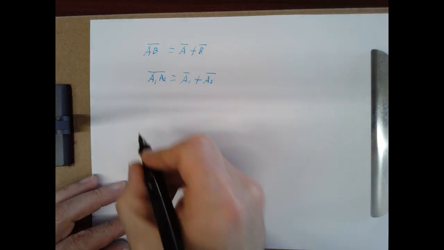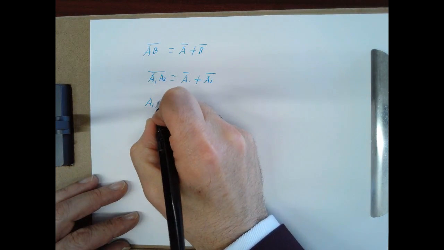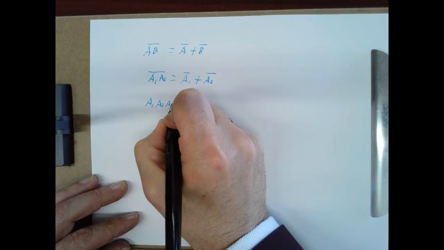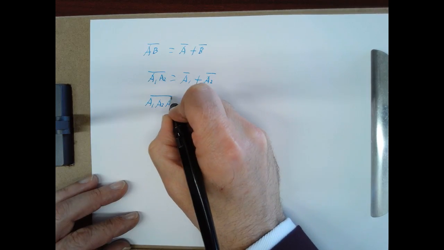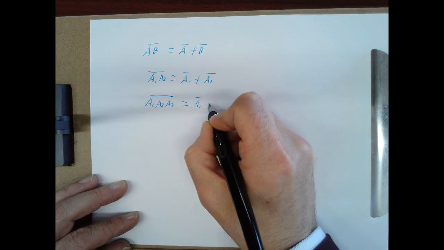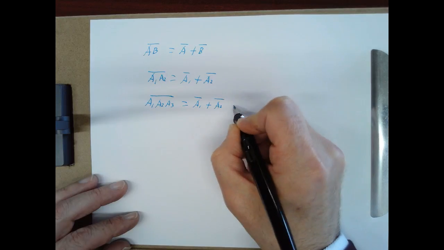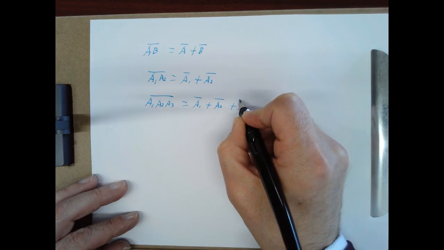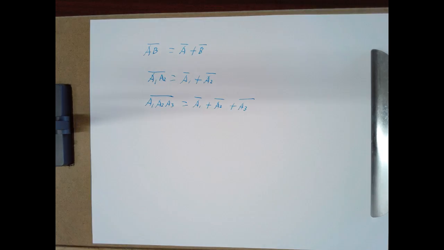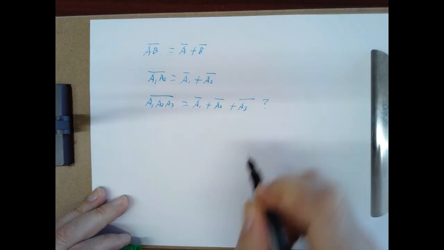We also have a 3-variable version of De Morgan's theorem. All right, this works for 3 variables as well. And how could we prove this?